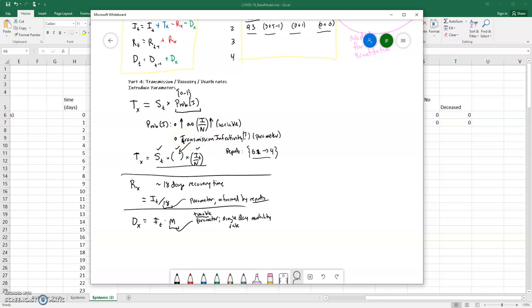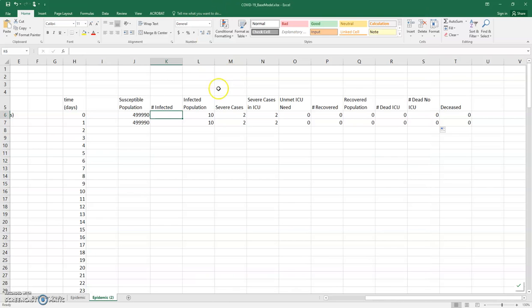And then what epidemiologists would call R0, the base transmission rate, or the base infection rate, the number of people per day that get infected when there's one infected person in the population. So this is a susceptible population times the infected population divided by the total times the transmission probability that we've already put in as an adjustable parameter.